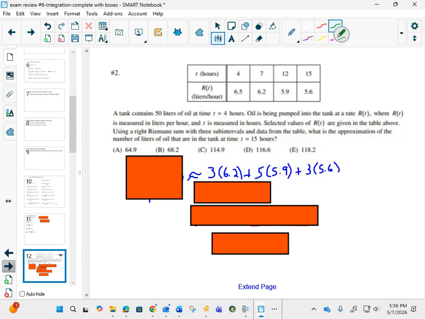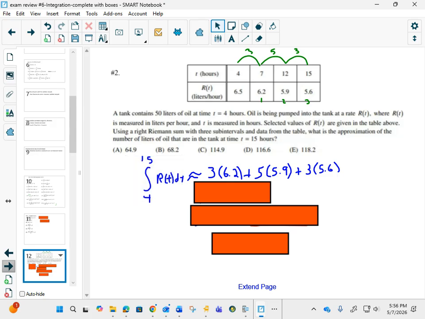So this jump is 3, this jump is 5, this jump is 3. We're using the right Riemann sum, so we're going to be using this first, this one second, this one third. 3 times 6.2, 5 times 5.9, 3 times 5.6 will be an approximation. We approximately get 64.9.